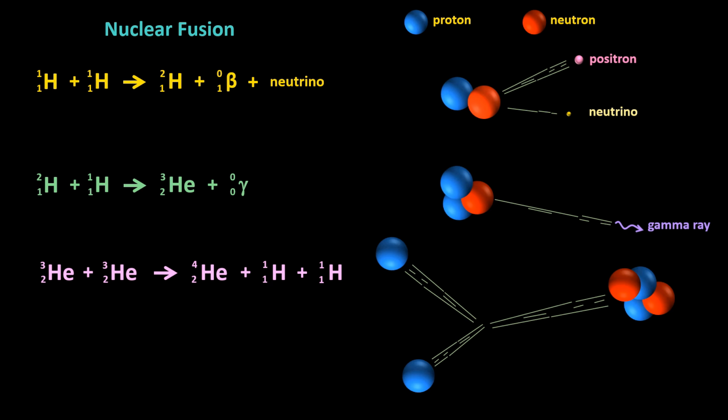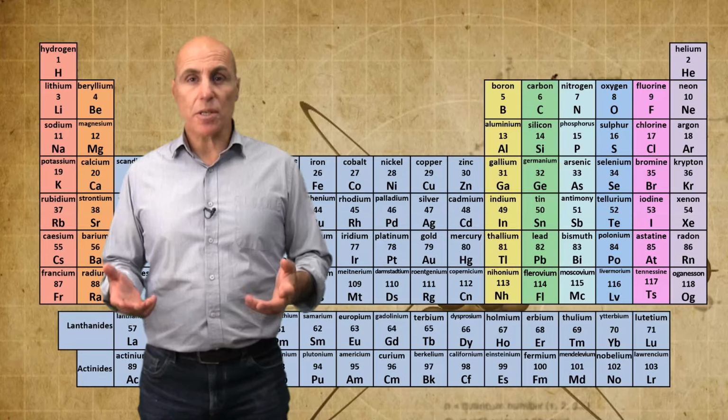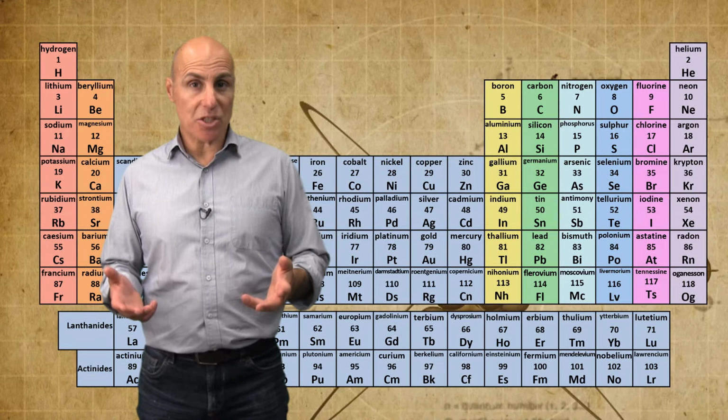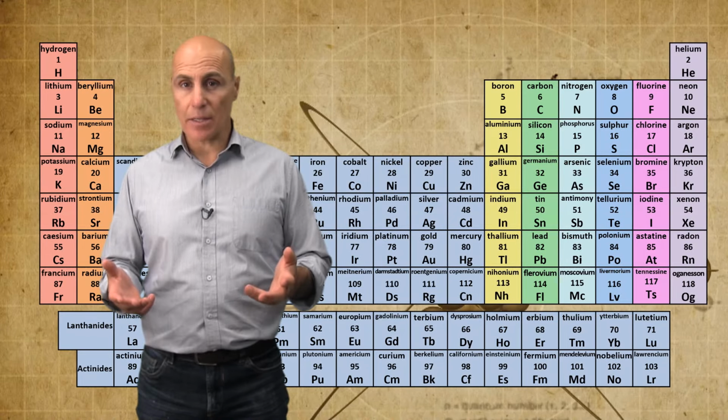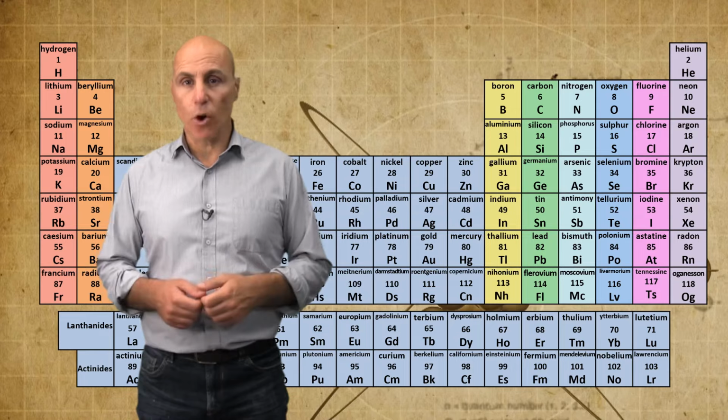So in stars, hydrogen nuclei end up fusing together to form helium nuclei, and a huge amount of energy is also released. As I said, nuclear fusion is the process by which smaller nuclei fuse together to form larger nuclei. In similar kinds of collisions, small amounts of other larger nuclei, like carbon and oxygen nuclei, are also formed.